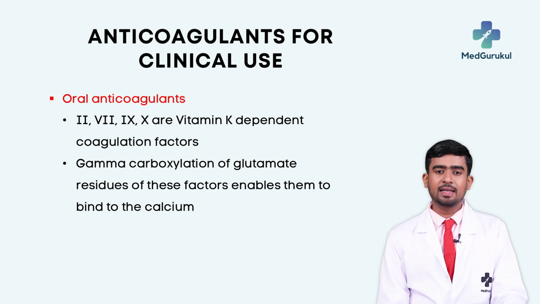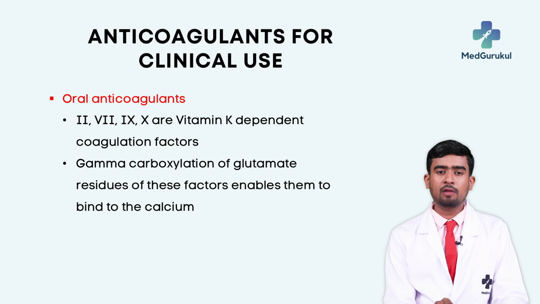Vitamin K in its active form is required for the gamma carboxylation of the glutamic acid residues in these clotting factors. Why is gamma carboxylation of glutamic acid residues needed? Because it is needed for the binding of calcium, and calcium is one of the most important cofactors required for the clotting process. So, vitamin K dependent clotting factors are 2, 7, 9 and 10.